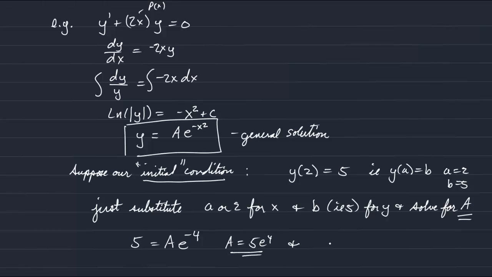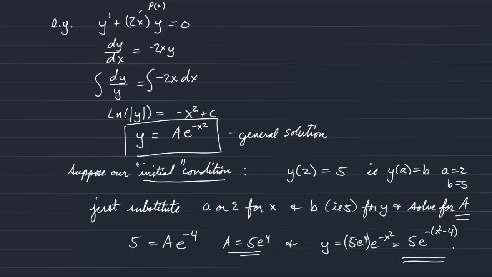And our particular solution is y is equal to 5 e to the fourth times e to the minus x squared, right? And that can also be written as 5 e to the minus x squared minus 4. And this is our final solution.